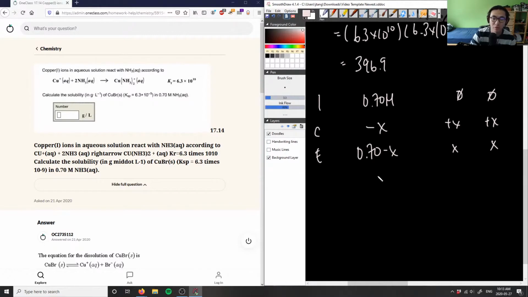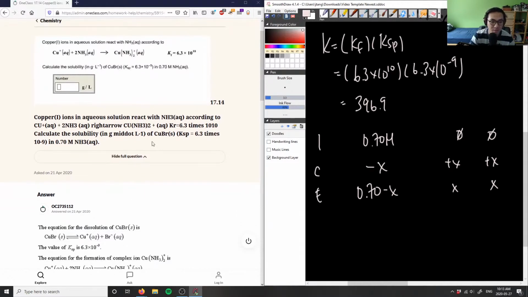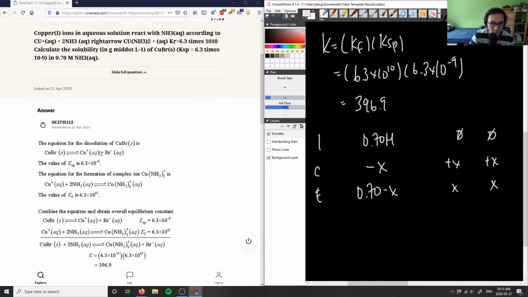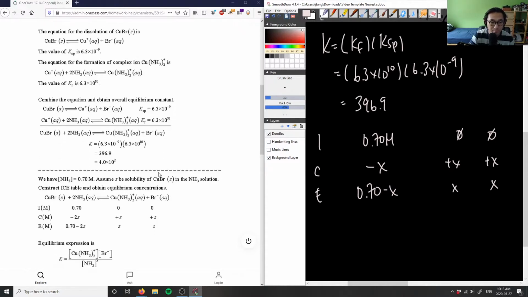And what I can do is write down our equilibrium expression. So let's check the solution to see what they figured out here. They wrote the equation here, which is great. They wrote this as well, which is great. They combined both of them and got 4.0 times 10 to the 2, which is about 396, which is good, because that's what we're getting here.